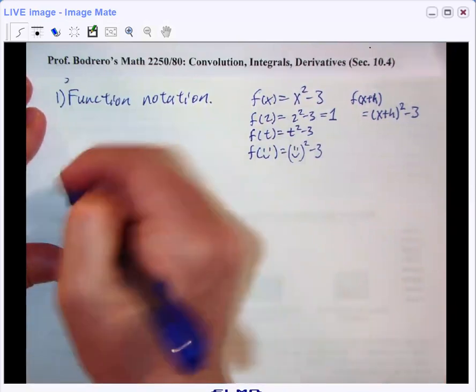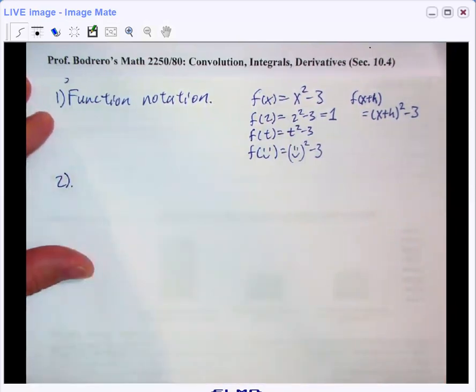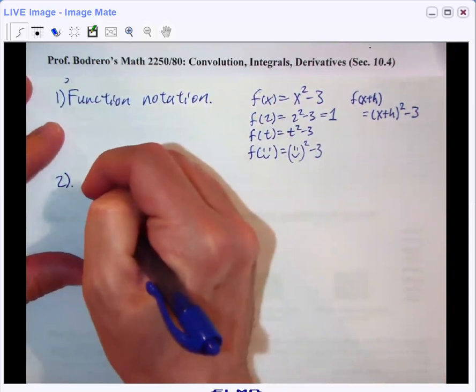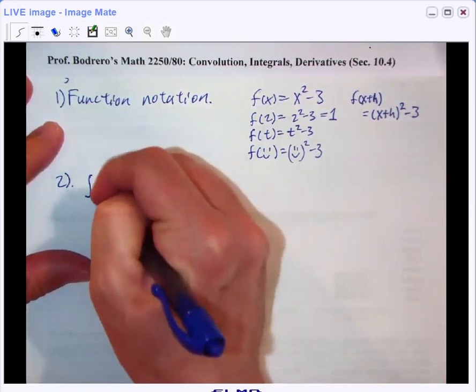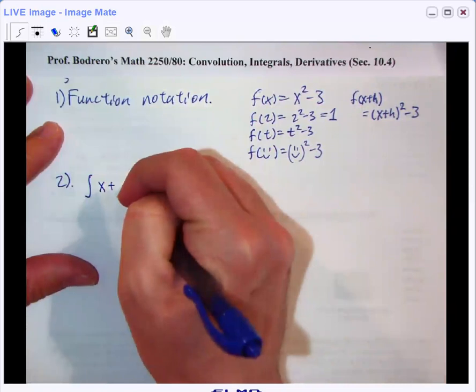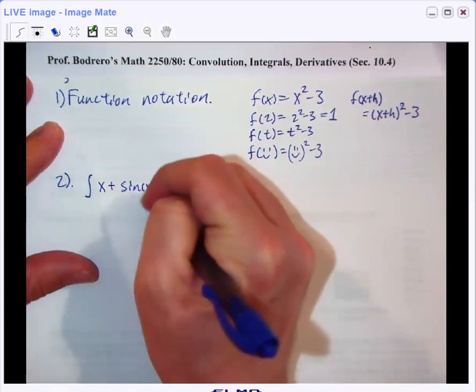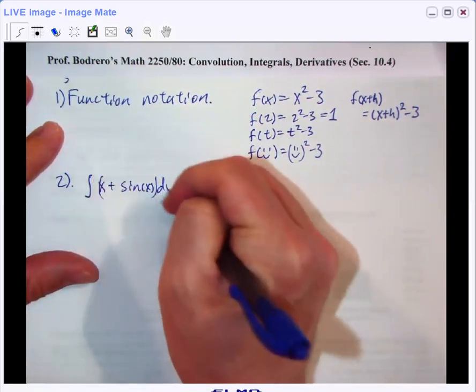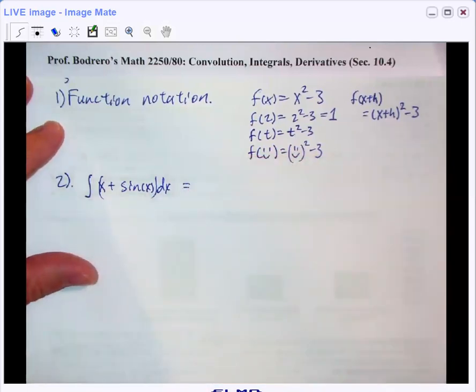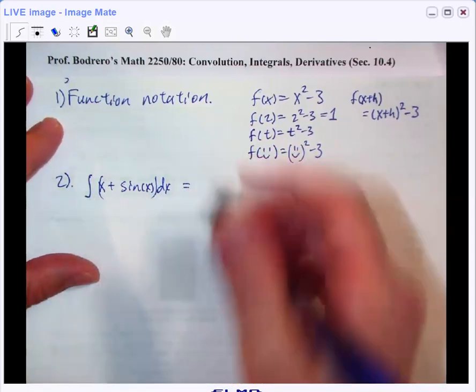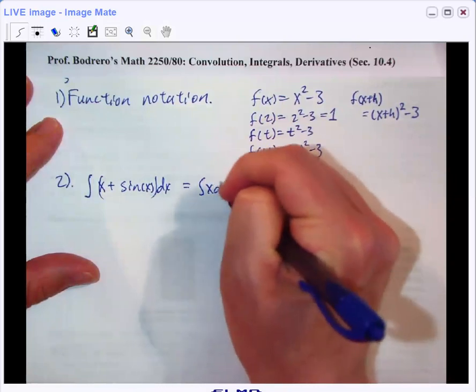Okay. So the second thing that I wanted to talk about is integrals. If we have the integral of x plus sine of x dx, integrals are nice and they're linear, so they will break apart across addition.